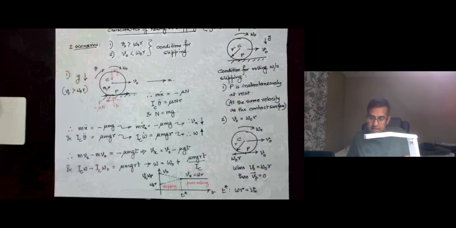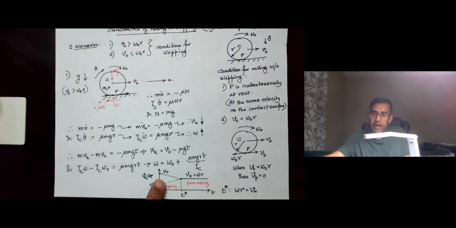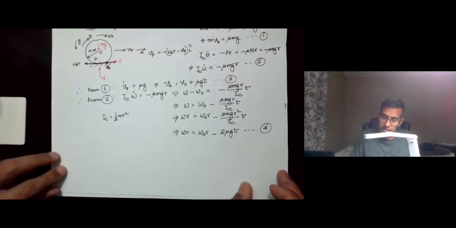So remember, in the first scenario, we had a case where the velocity decreased from v naught and omega r increased from omega naught r, and there was a point where they would become the same and pure rolling would ensue at that point.